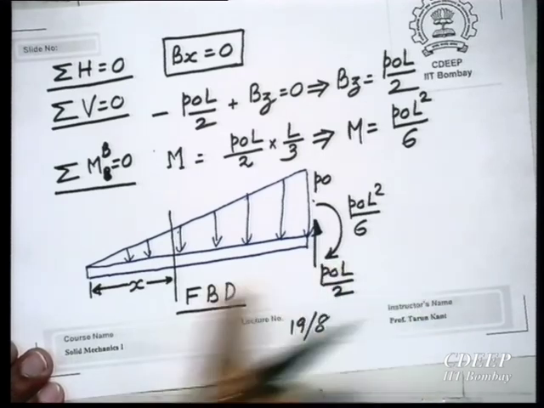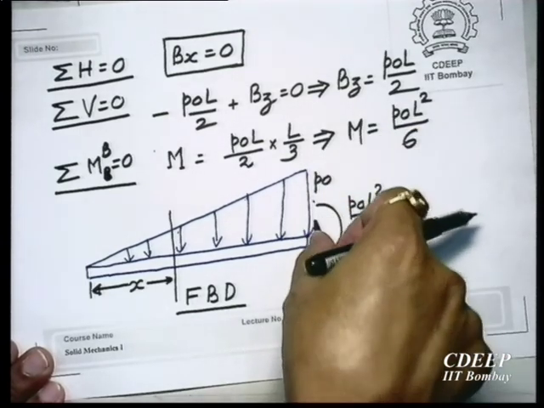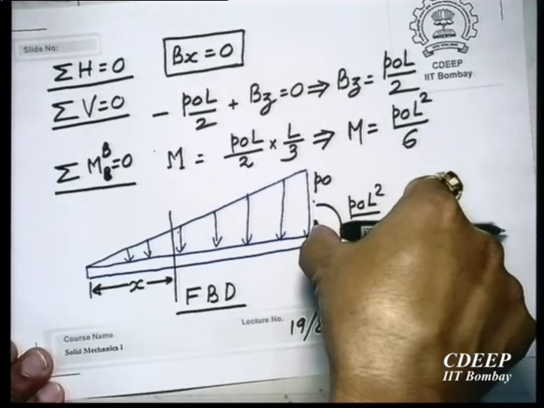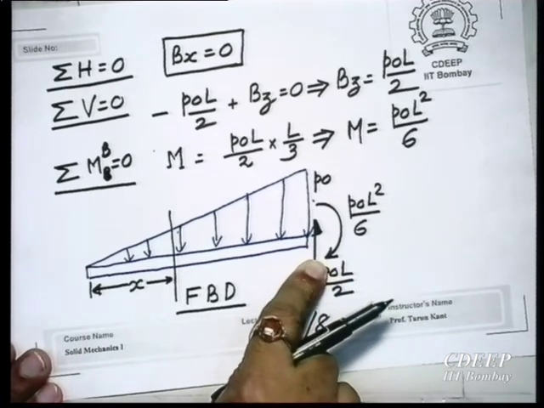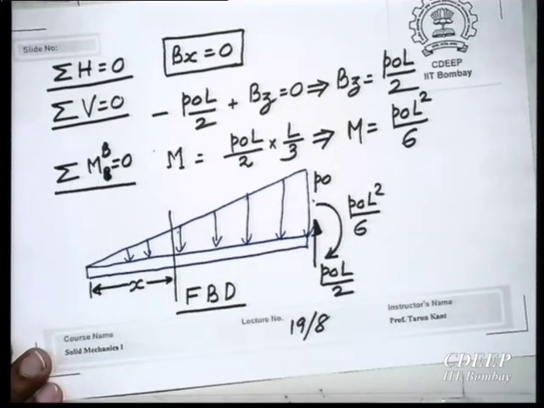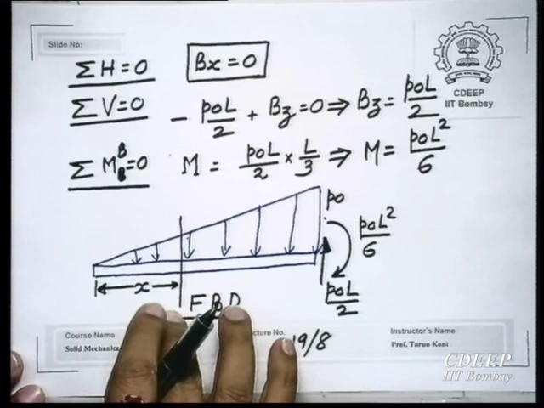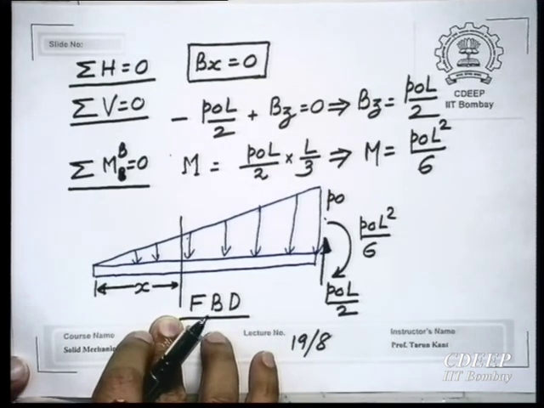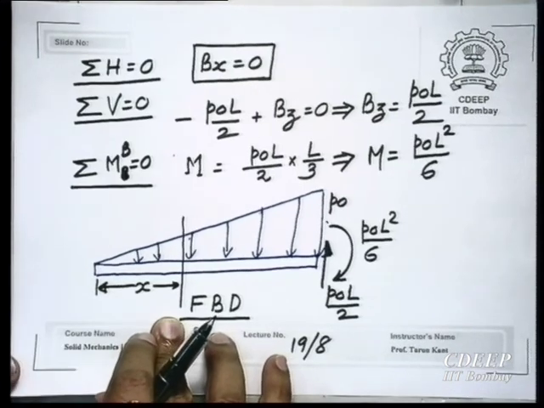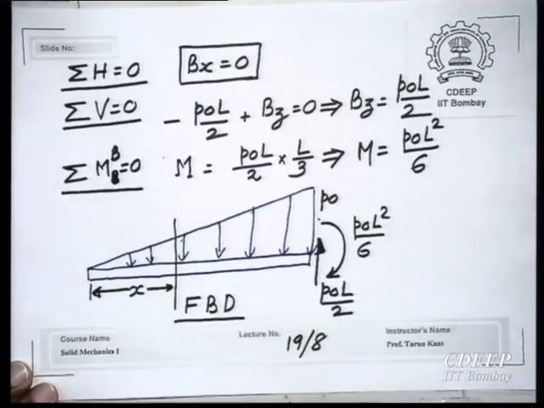In fact, it would automatically have come from that expression when x equals L. Okay, just a minute. So, please find out the values, plot the diagrams, bending moment and shear force, and study for yourself whether you are getting the signs right or not.